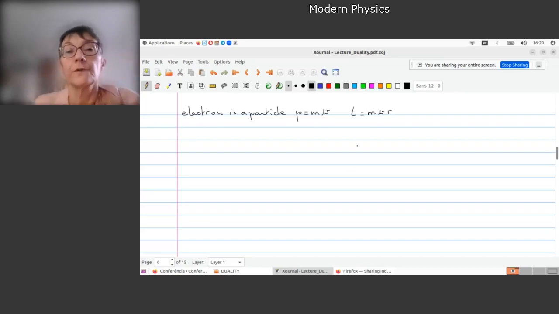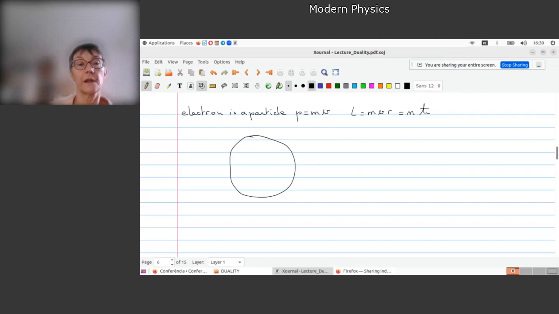And so when you say that L is equal to an integer number of h bar, what you say actually is that, I will try to draw an orbit. So this is something like that, and to simplify, I will put 3 wavelengths here.